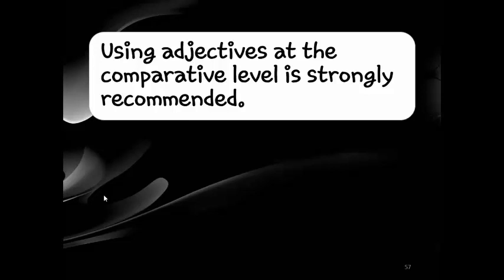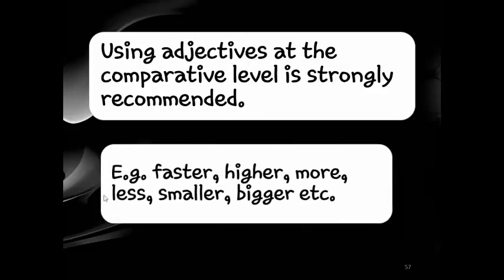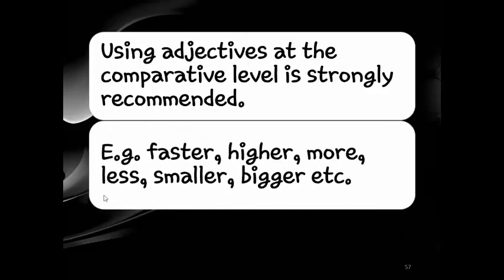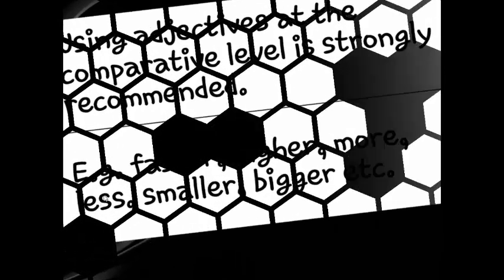Maybe for the same capacity, SSD drive is more expensive than hard disk drive. So you have to talk at the comparative level here: faster, higher, more, less, smaller, bigger. But you must explain it so that your answers will not be too vague. So you must strike the balance.